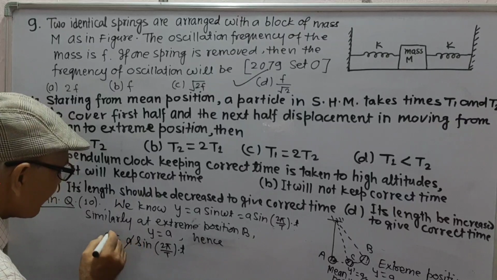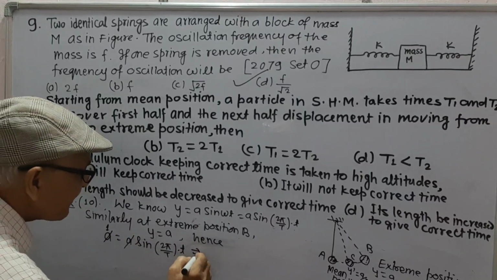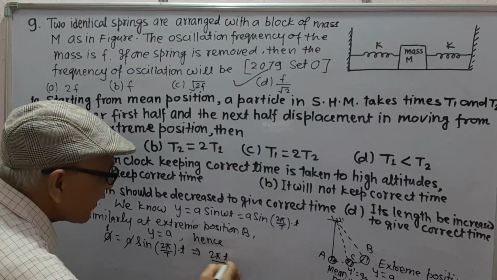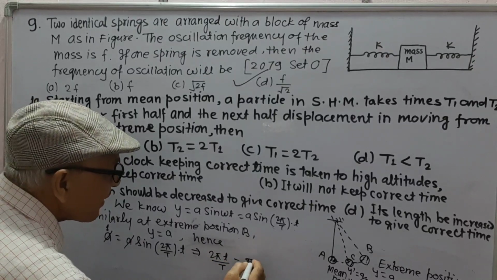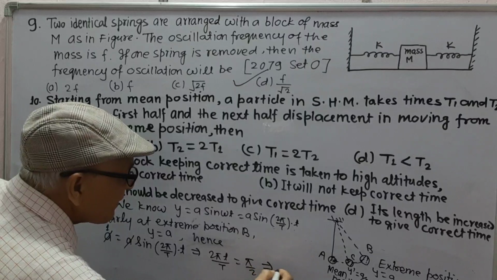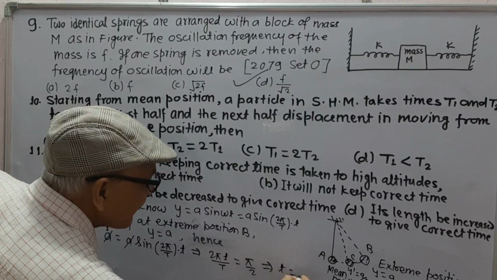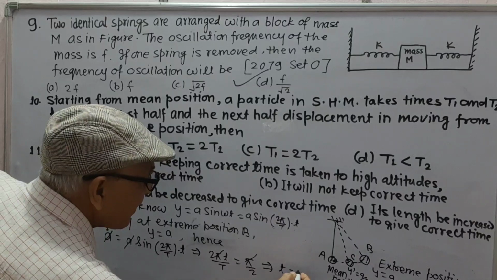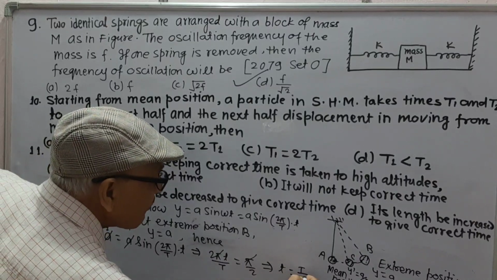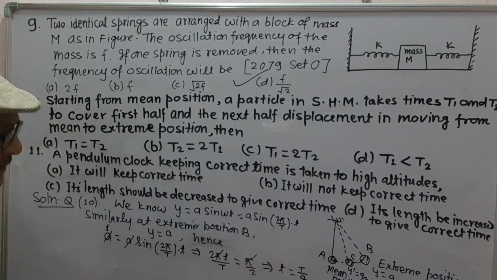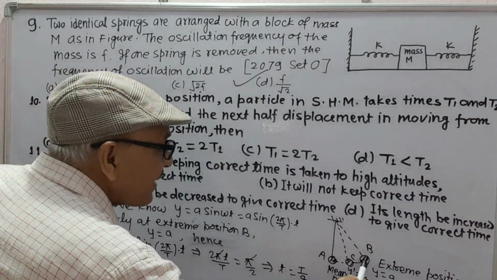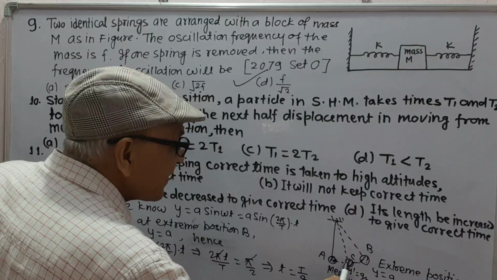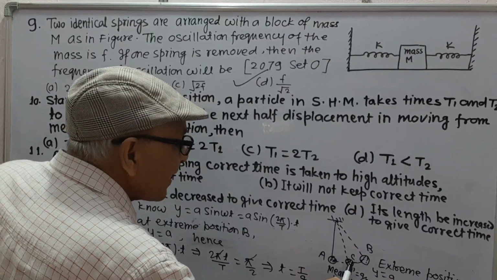A cancels out, which gives 2 pi t by capital T as pi by 2, which gives t as T by 4. So, total time from A to B is small t, time from A to C is t1, time from C to B is t2.